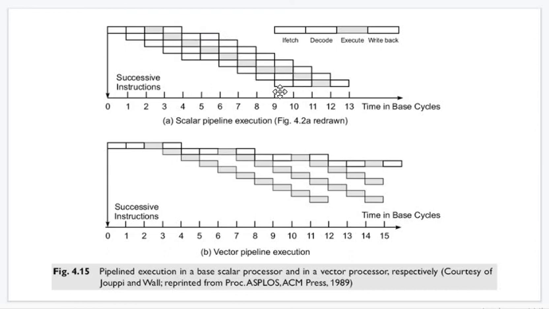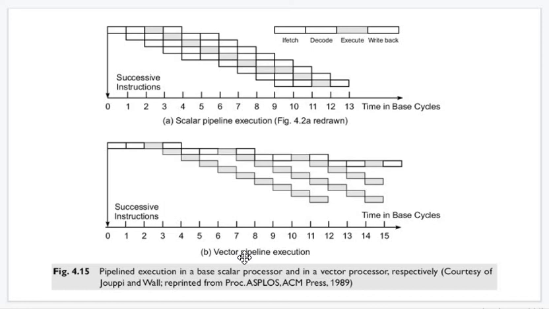Okay, it is dependent, or you can think of it as a normal pipeline. Here is vector pipelining. See, now why do we have multiple executions, but not multiple fetch or multiple write? Only multiple executions.